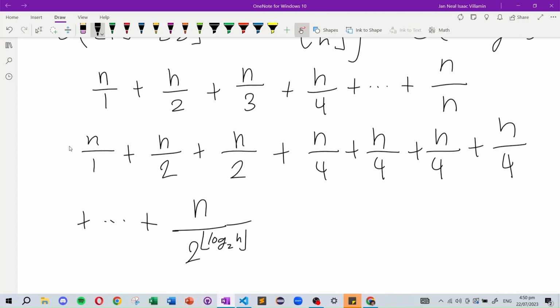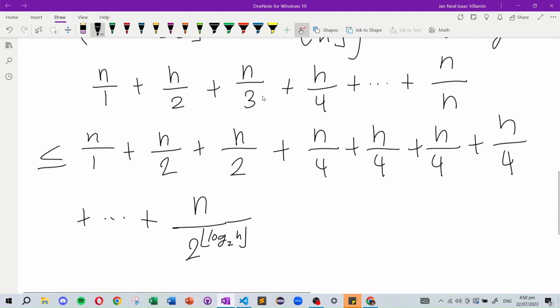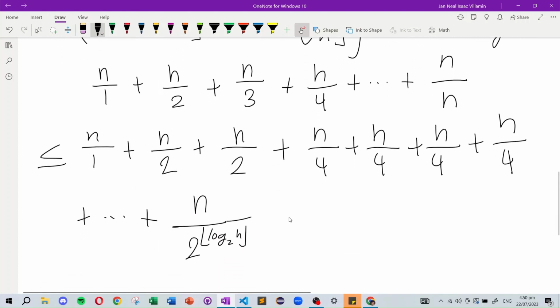Consider these two series and notice that this series is greater than or equal to the harmonic one. But we can prove that this is n log n.